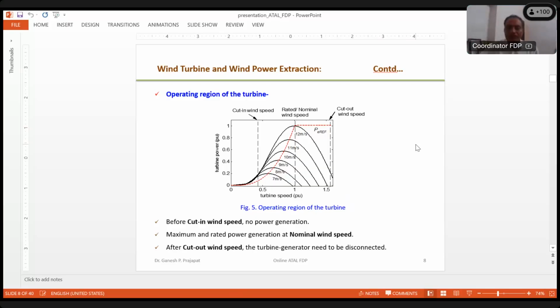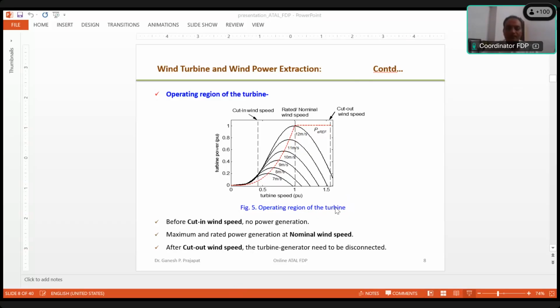So this is the actual practical operation of a wind system, wherein it operates always between the cut in and cut out wind speed. Sometimes it may happen that there is some kind of storm or heavy gusts, and because of that the turbine speed may go beyond 1.5 per unit.